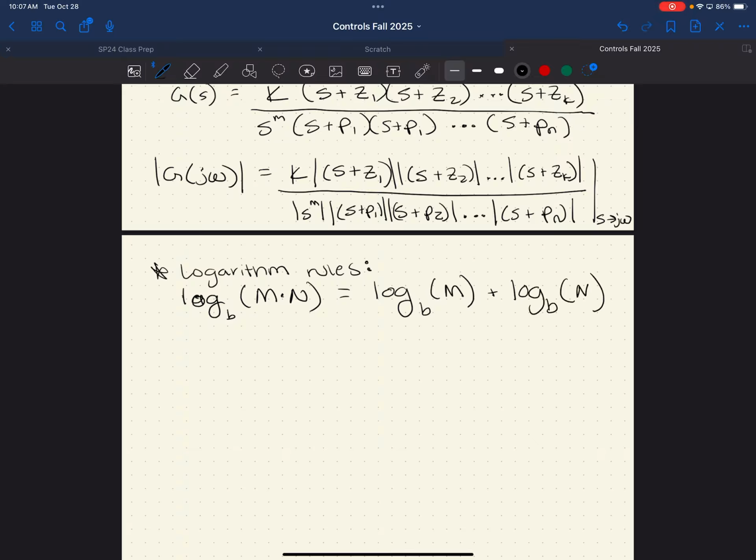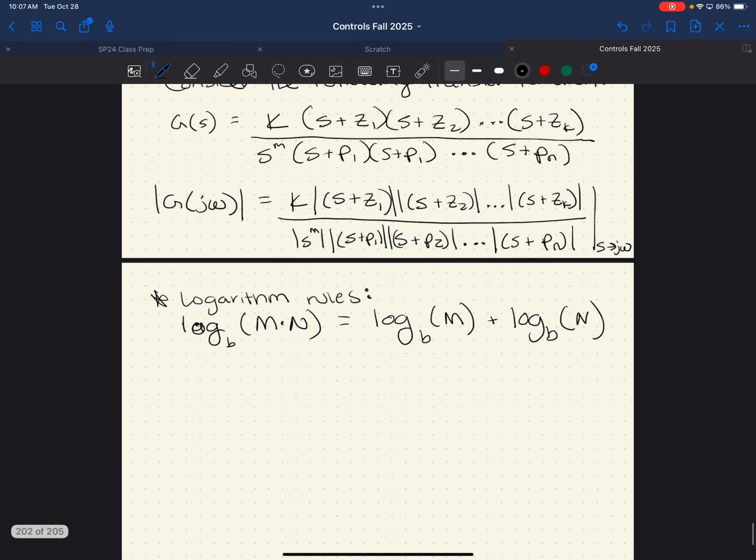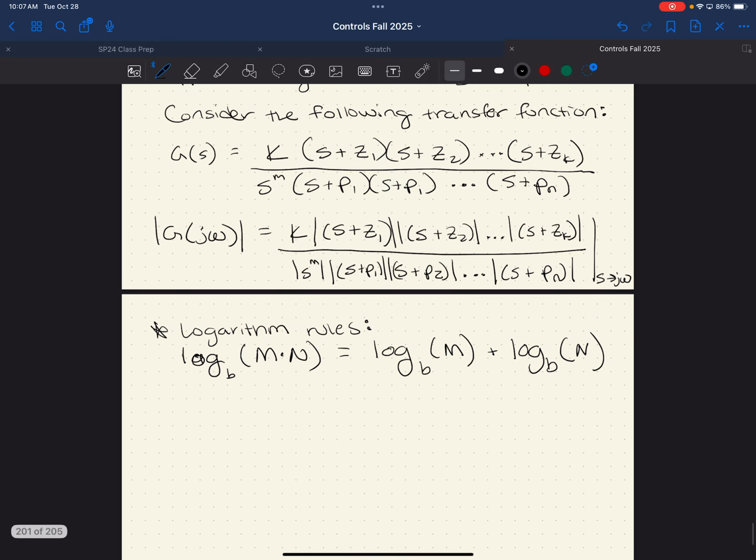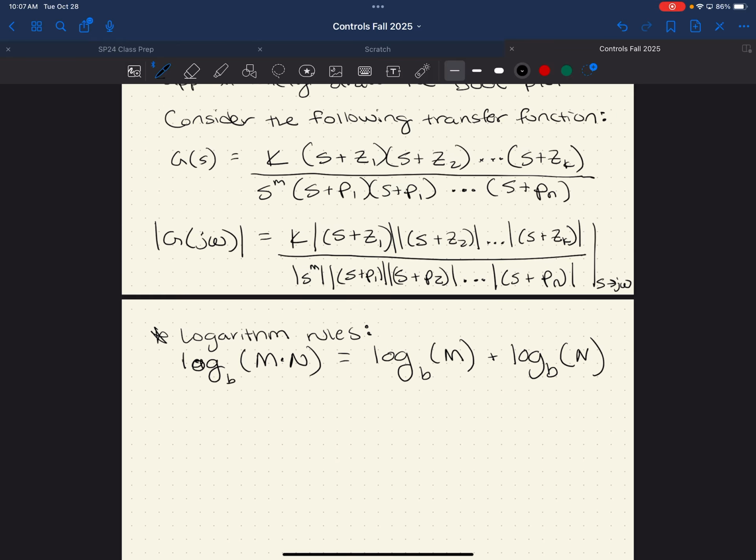Weird, right? So what this means is that we're going to be able to break up the resulting magnitude into the addition or the subtraction of the contribution of each pole and zero separately. They're going to add and subtract. So that's why using this logarithm actually makes the math easier for figuring out what is the total response.